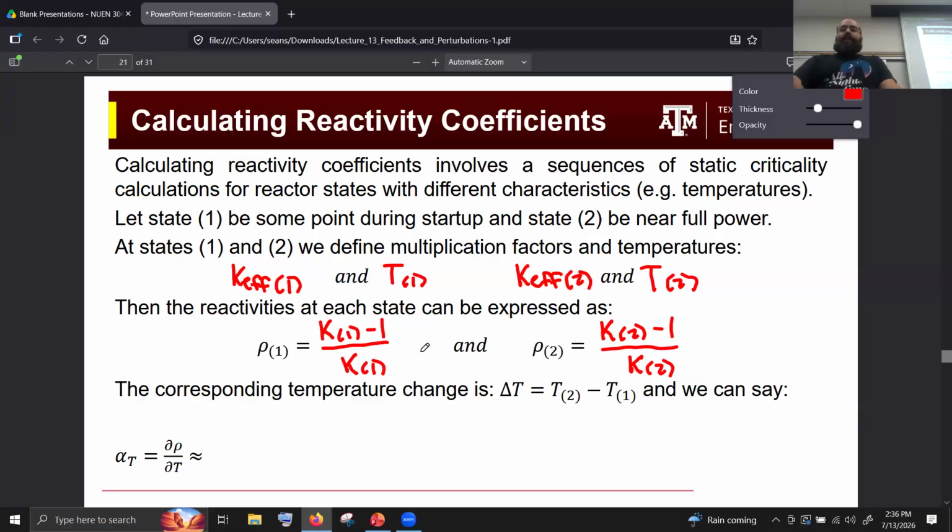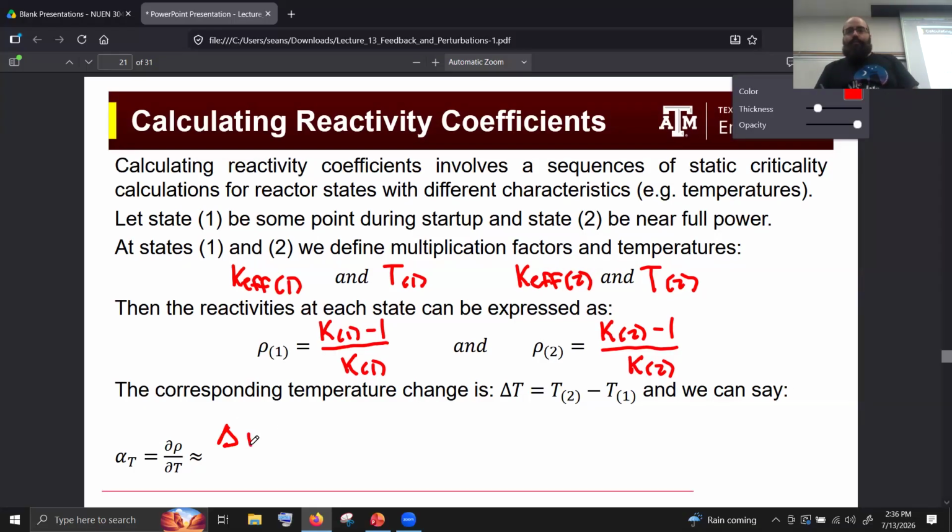And if these are my initial and final reactivities, and I know my initial and final temperatures, then I could approximate that temperature coefficient of reactivity as just being the change in reactivity over the change in temperature. So that means final reactivity minus initial reactivity over final temperature minus initial temperature.